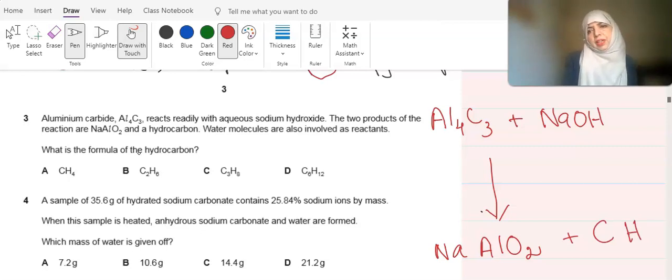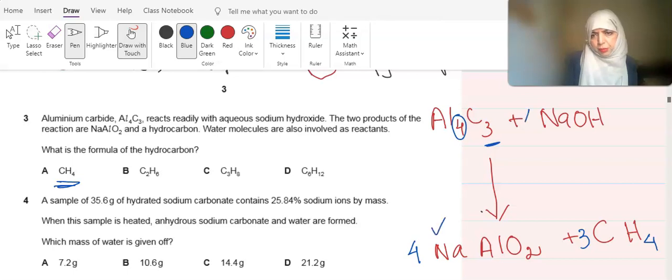So see, we have 4 aluminum here, so it is simply balanced by writing 4 here. When we write 4 here, we have 3 carbon, so we need to put 3 carbon here. So the 3 carbon option here is CH4, just put 3 CH4. So we need to balance sodium ion. So to balance sodium ion, we need to put 4 NaOH.